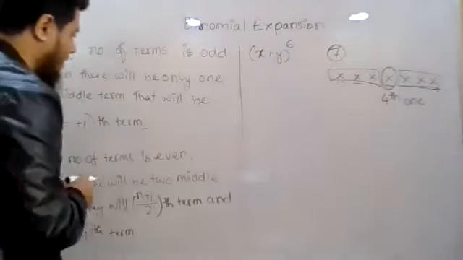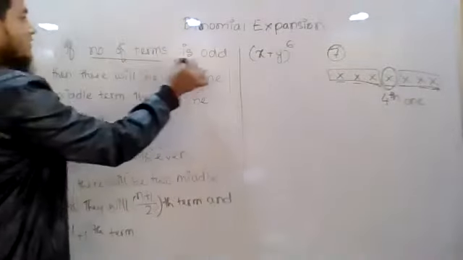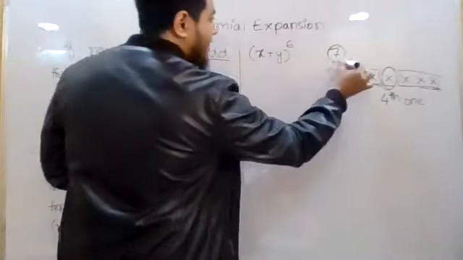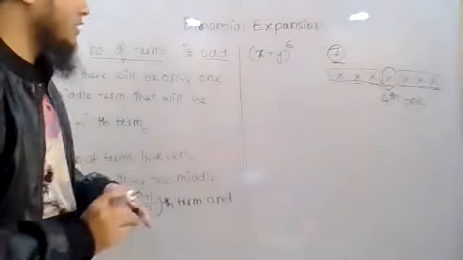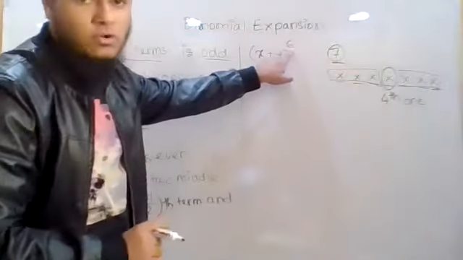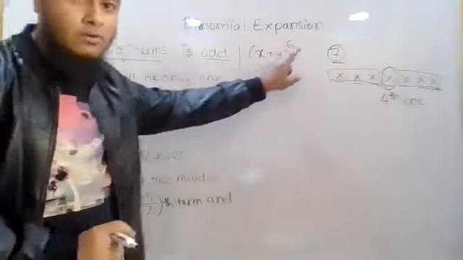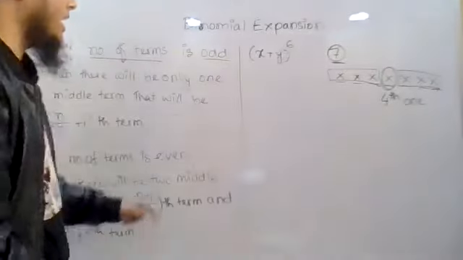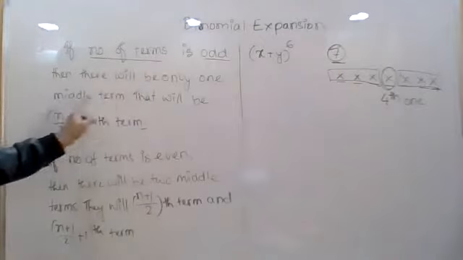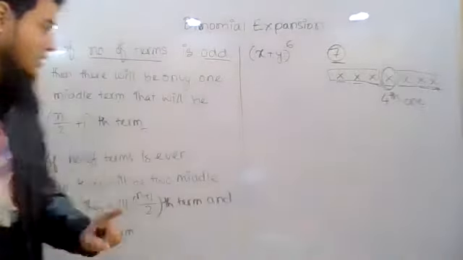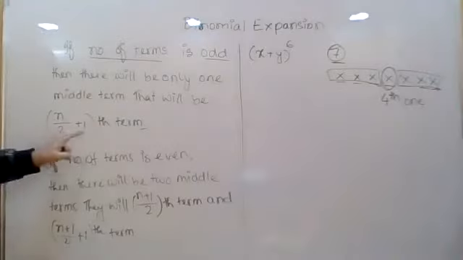Now from here we will try to find it out. Okay, how? As I told you, if the number of terms is odd, and we can see that the number of terms is odd. Remember, people get confused here. We are not talking about whether the power is odd or even, we are talking about the number of terms. We have an odd number of terms, so there will be only one middle term. So what will that be? n by 2 plus 1 term.